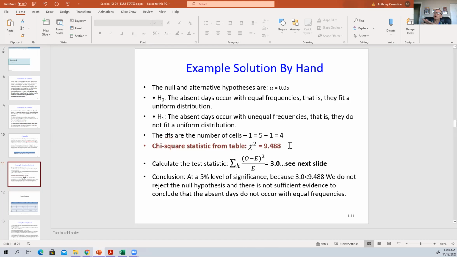And here is the process. Our degrees of freedom here is the number of categories minus 1. We had 5 days of the week, minus 1, which would be 4.